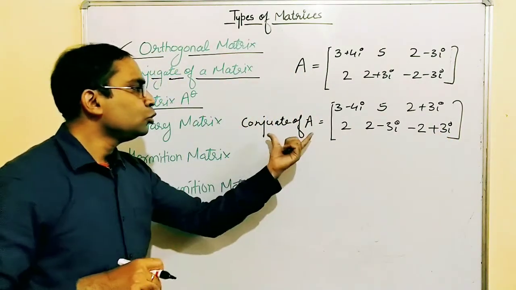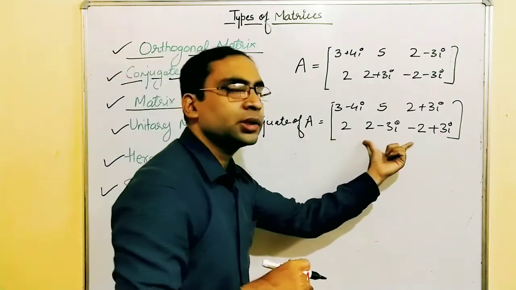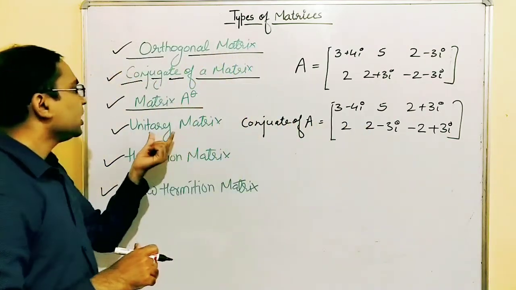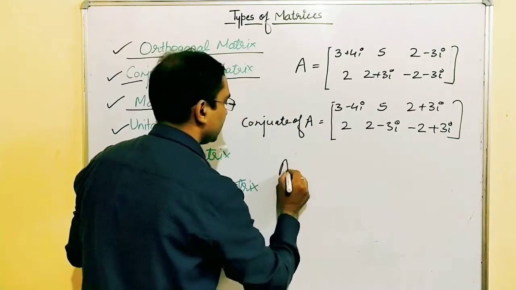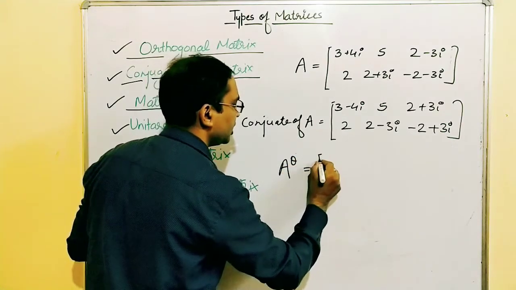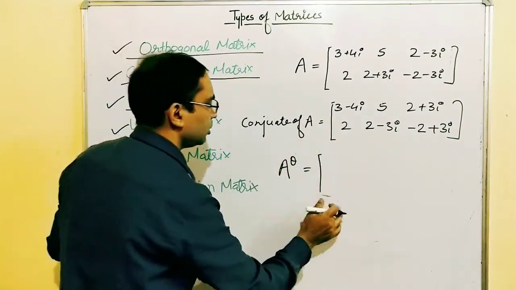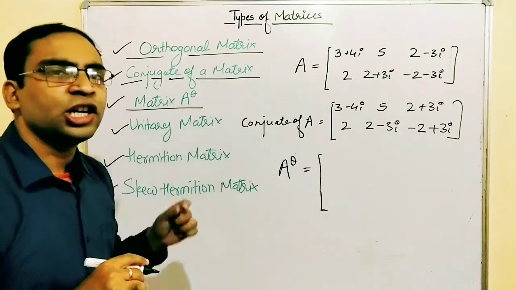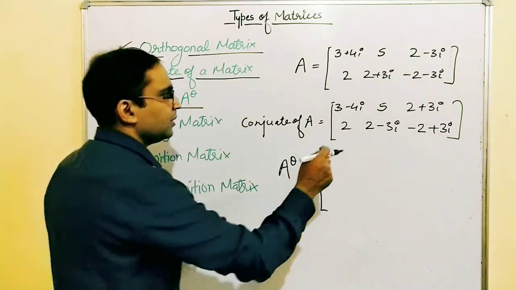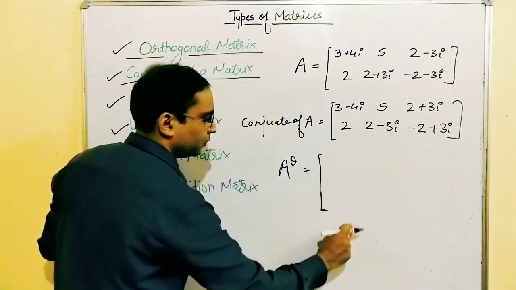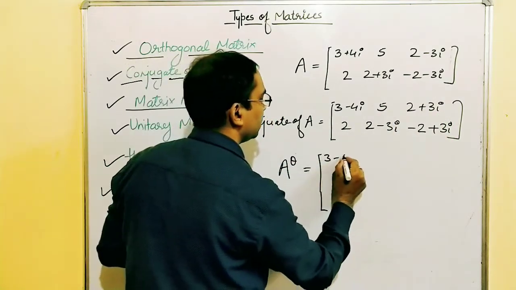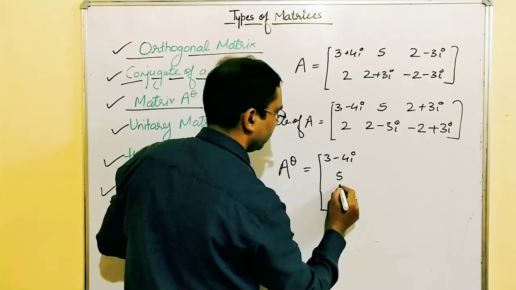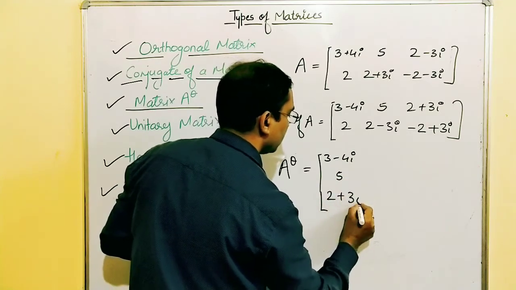Now we need to perform transpose of this conjugate to obtain A theta. So what is A theta? This will be the transpose of the conjugate. We can obtain the transpose by interchanging rows and columns. So I'm converting this first row into the first column: 3 minus 4i, 5 and 2 plus 3i.